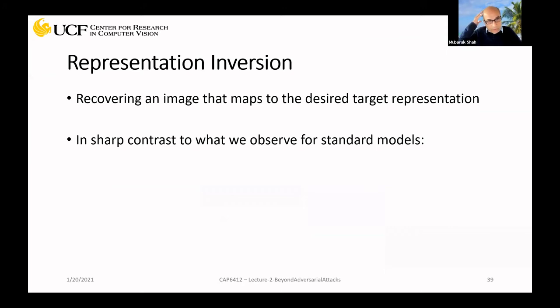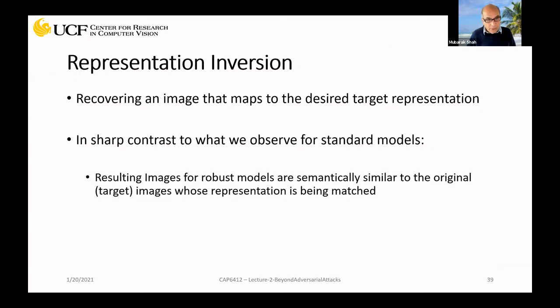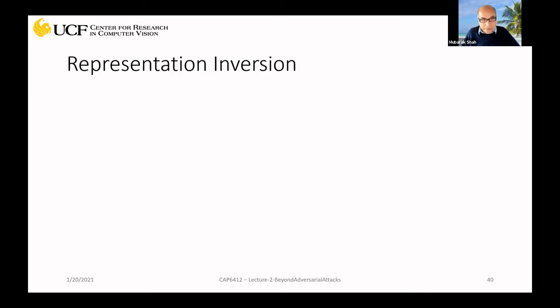Now, as you saw the problem with the standard model, the robust model actually doesn't have that problem. The resulting images for robust models are semantically similar to the original images whose representation is being matched, which is a good property.